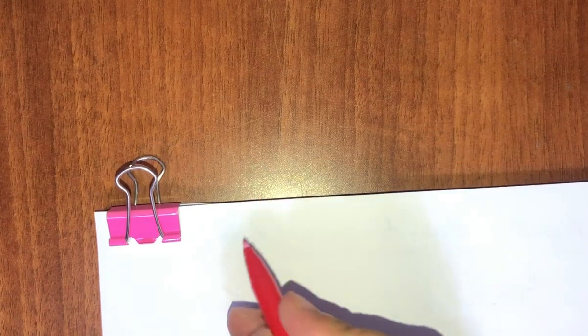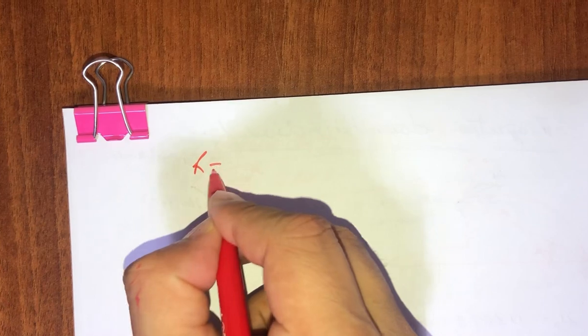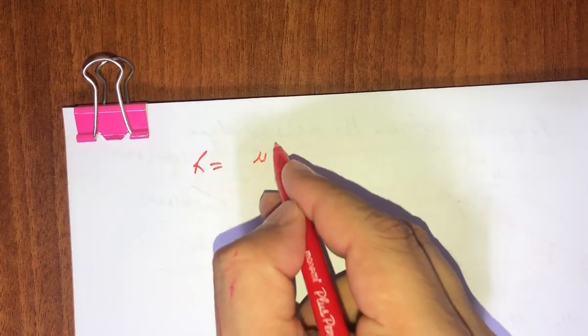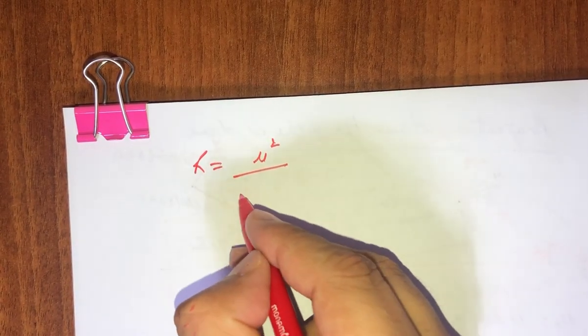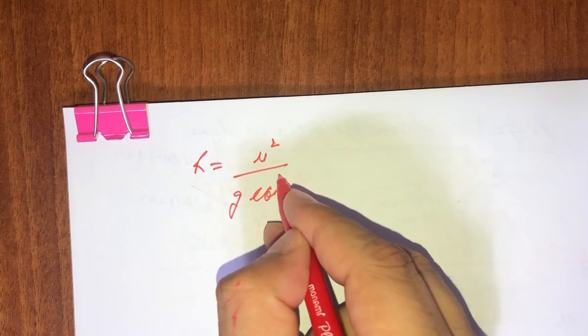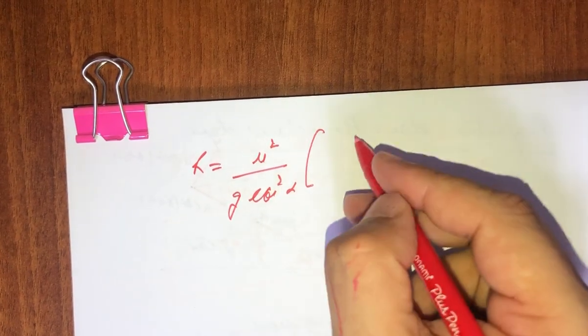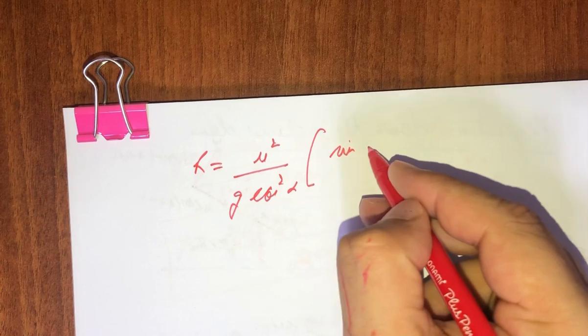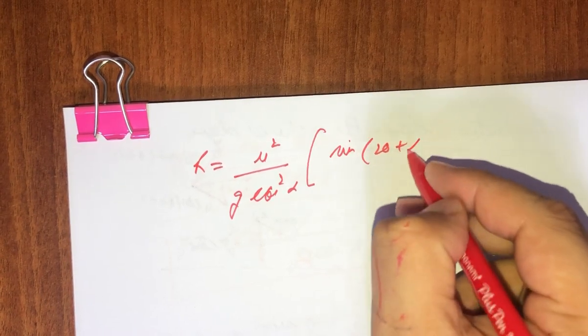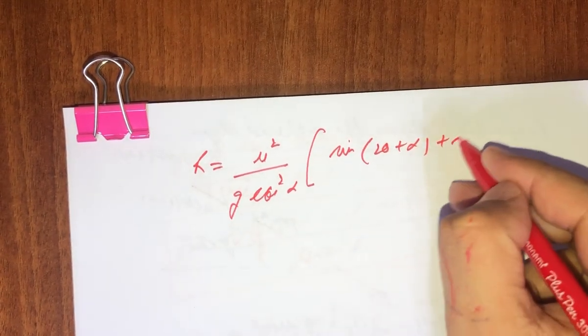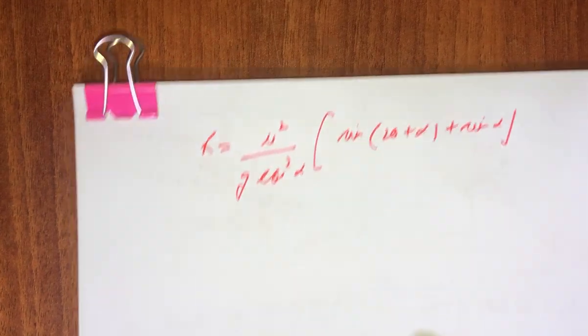We are simply going to solve it, and the range we will get as R. R will be equal to u square divided by g cos square alpha multiplied by sin of 2 theta plus alpha plus sin alpha.